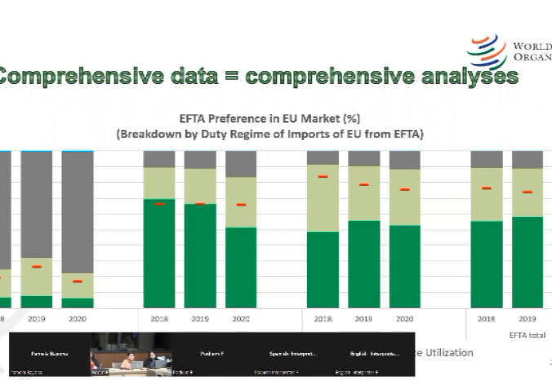And in this case, we were able to do bilateral preferential utilization in each other's markets because EFTA, composed of Iceland, Norway, Switzerland, and Liechtenstein, provide data to us by duty regime. So we were able to calculate preference utilization of, in this case, the EU in the EFTA market. So EFTA preference in EU markets.